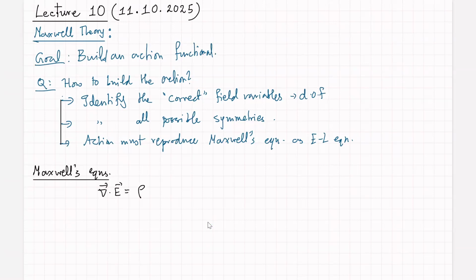So we have divergence of E is rho, curl of B minus del t of E is the current density J. Divergence of B is 0. And finally, we have curl of E plus del t of B to be 0. Okay? So these are the Maxwell's equations.